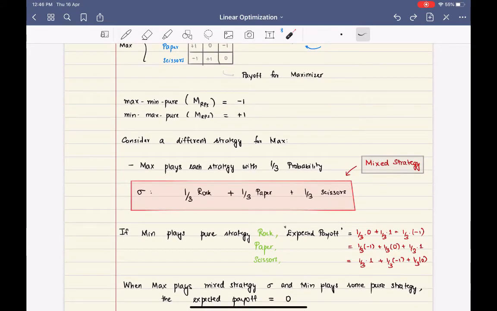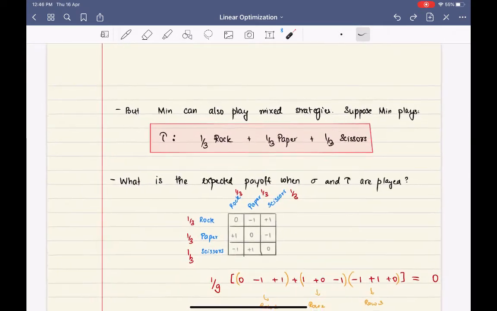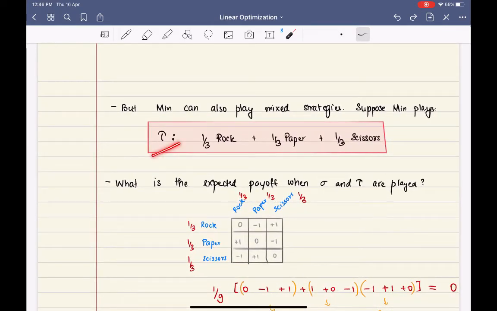Now min also can play mixed strategies. So suppose min plays 1/3 rock plus 1/3 paper plus 1/3 scissors. Now when max plays sigma and min plays tau, how do we compute the expected payoff? So here is the table.